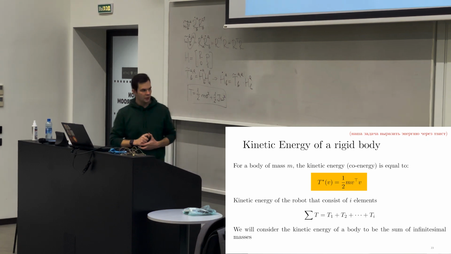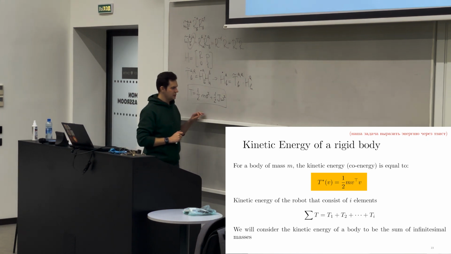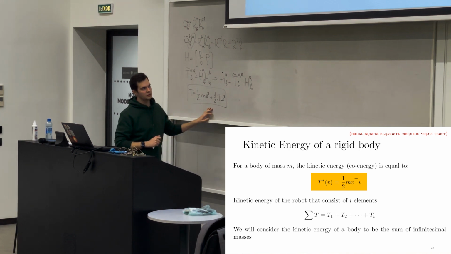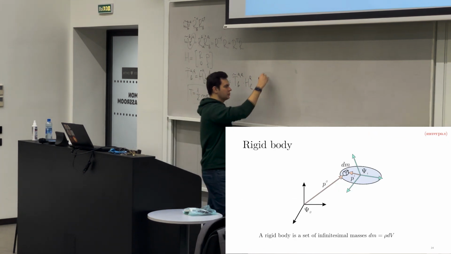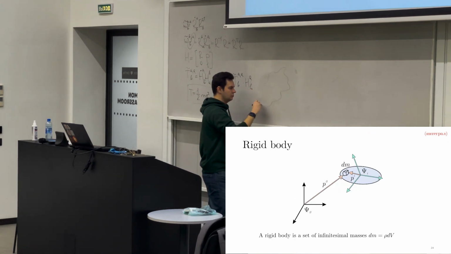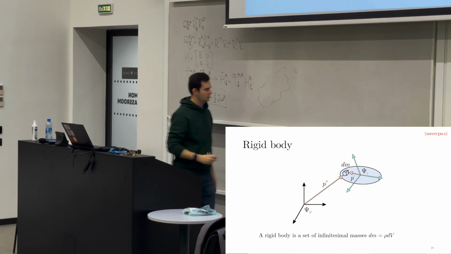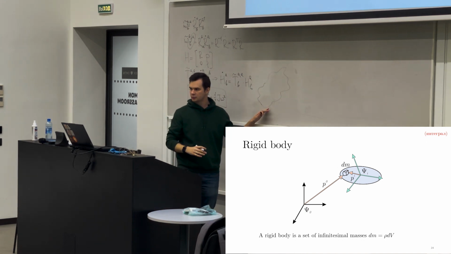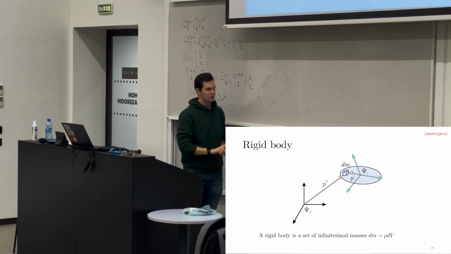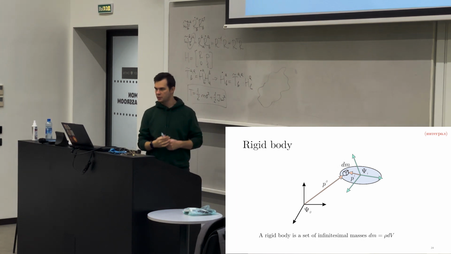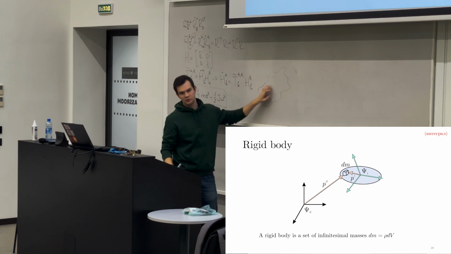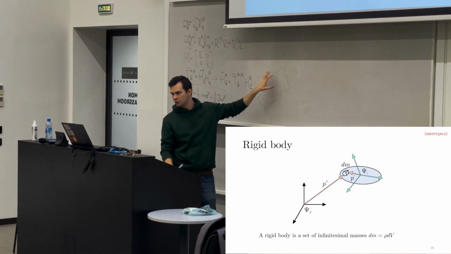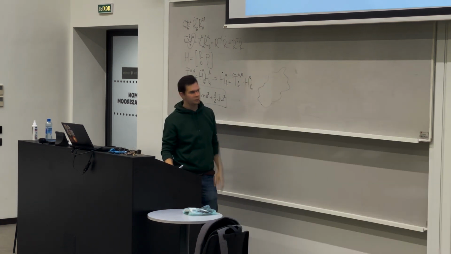But if we consider not a robot that consists of several links, but a rigid body, we can assume that we have this kind of rigid body with a complex shape. It's not a brick, it's some kind of robot part which is complex.